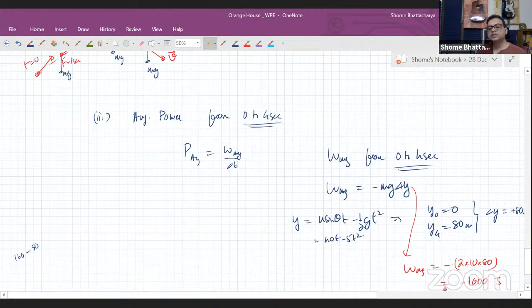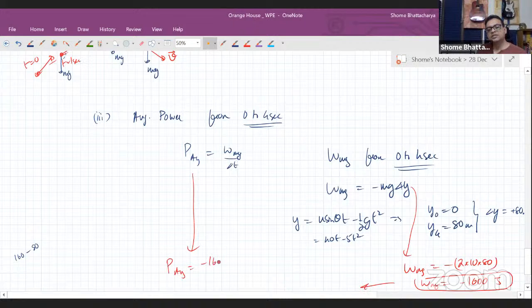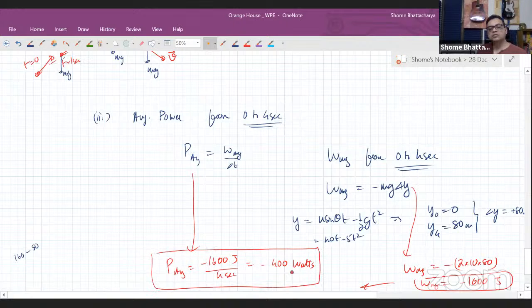So minus of 1600 joules. This is the work done by mg. So the average power will be minus 1600 joules divided by the time of 4 seconds. So the average power is minus 400 watts from 0 to 4 seconds.